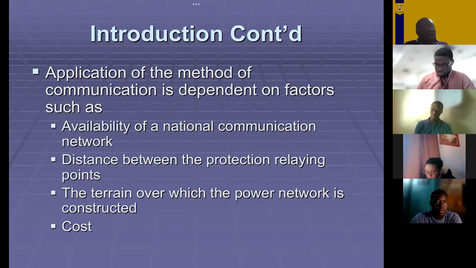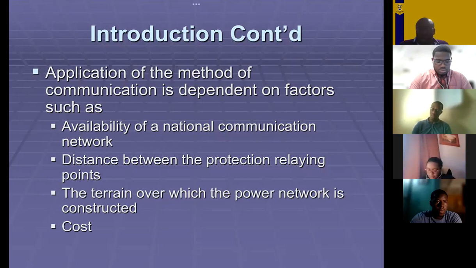So the utility had its own communication department, which would maintain their microwave system and their PLC system, right? Today, that department no longer exists. All right? And what they are using are the facilities from the communication providers.